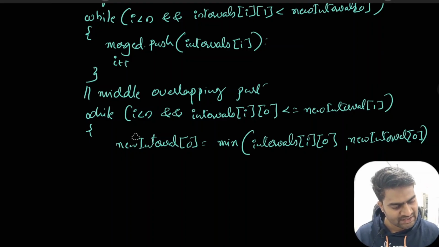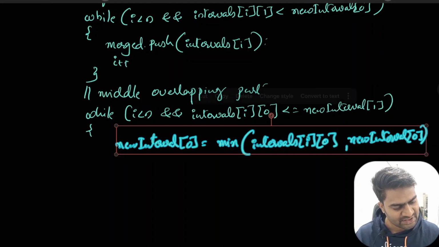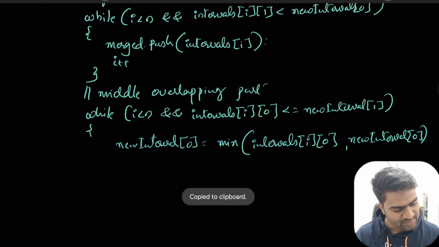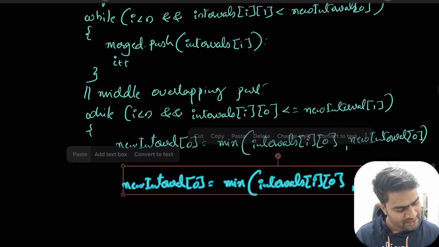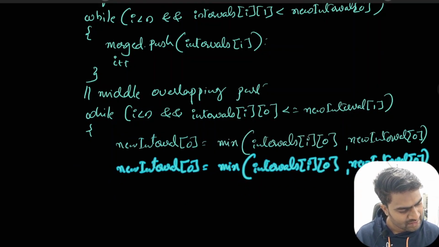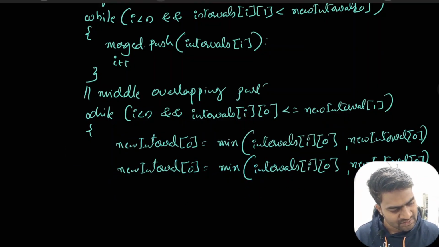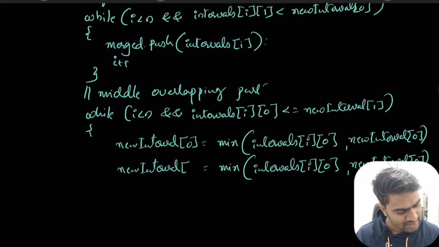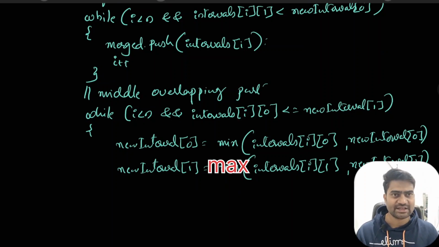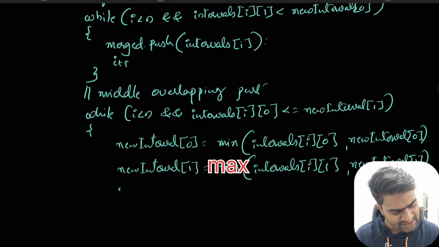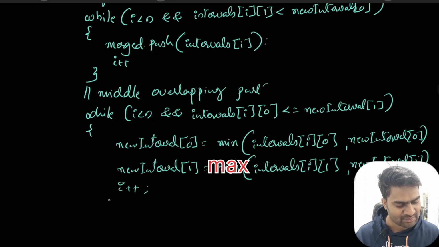Okay, similarly the next value, I will simply copy this and paste it. So the next value will simply be 1, this is 1 and this is 1. I'll take the maximum. Okay, then after that I need to again increment i++.